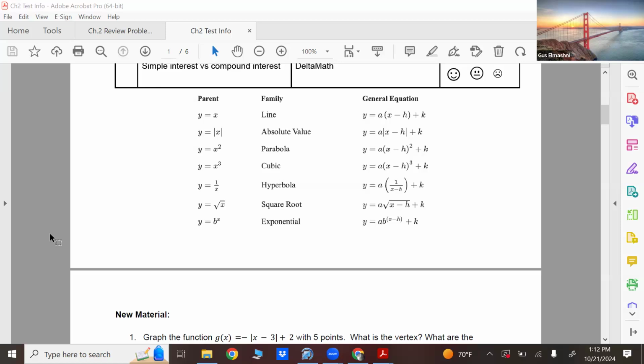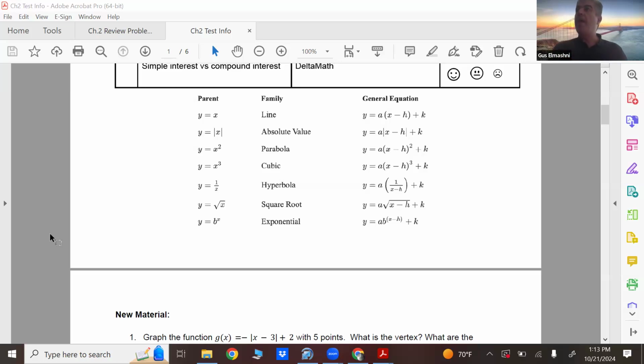Absolute value, you've seen it before. Parabolas, x squared. Cubic, x cubed. 1 over x, we call it a hyperbola, or a reciprocal function or a rational function. Square root of x, and exponential. Now, these look a little complicated, but what do you notice is common among all 6 of these? The a is always out in front, h is always subtracted with x, and the k is on the outside, being added. So your goal is to identify a, h, and k.